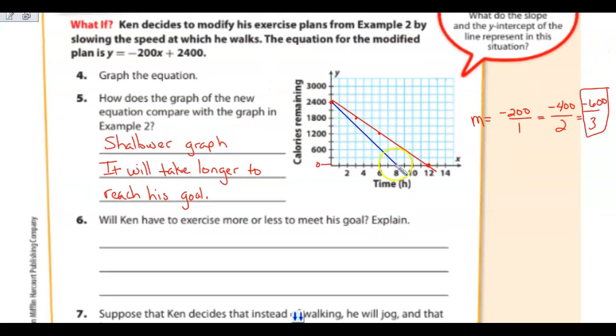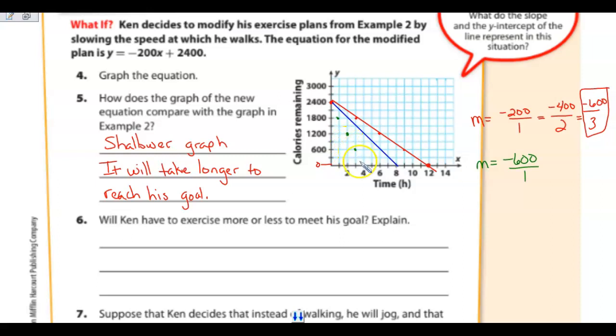Well, if the red line is at burning 200 per hour, and the blue line is at burning 300 per hour, what do you think is going to happen if he's burning 600 per hour? If the slope is negative 600, that means for every hour it's going to go down 2. So 1, 2 here, 1, 2 here, 1, 2 here.